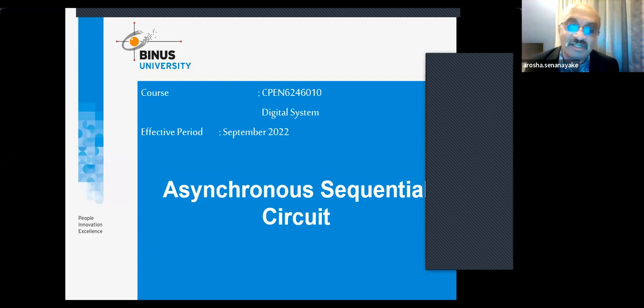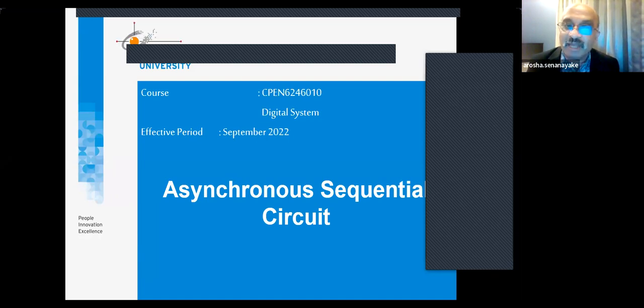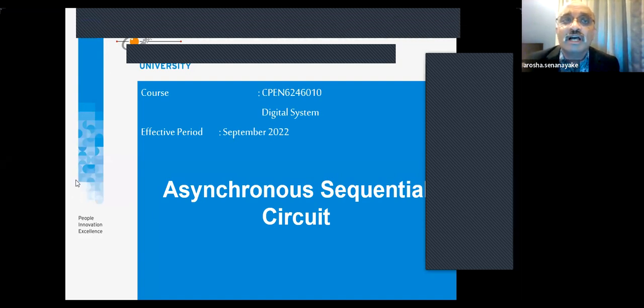Actually, all sequential circuits are controlled by combinational circuits. Therefore, anybody who wants to really know about any type of sequential circuits, the fundamental is that first you should know combinational circuits very well. By now, I believe you all know combinational circuits, and we are going to use those in this slide set.